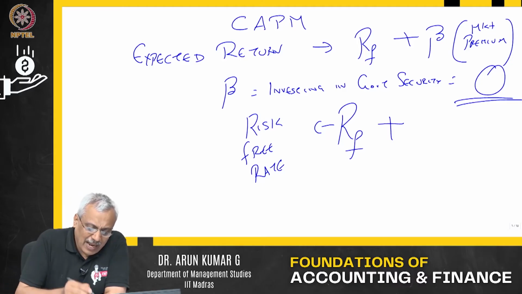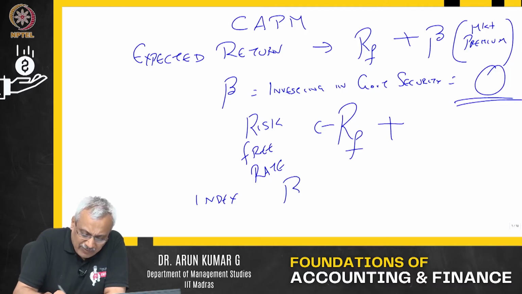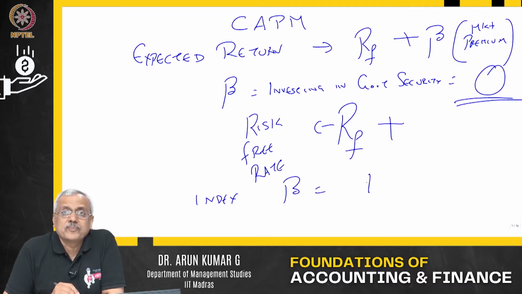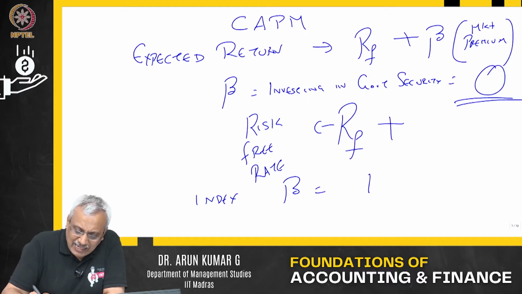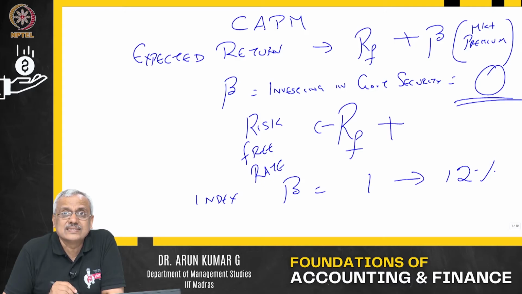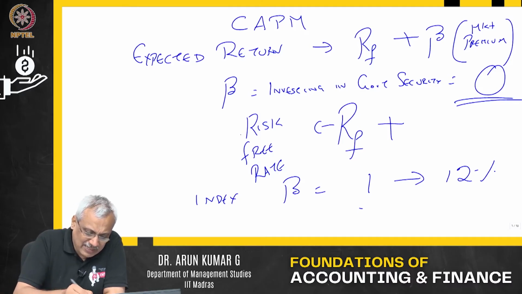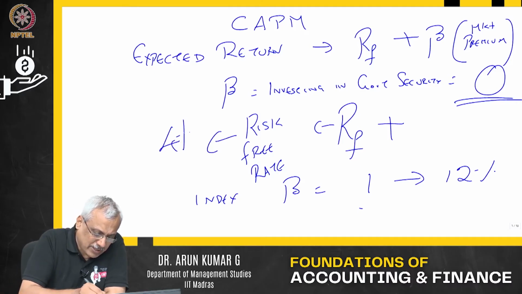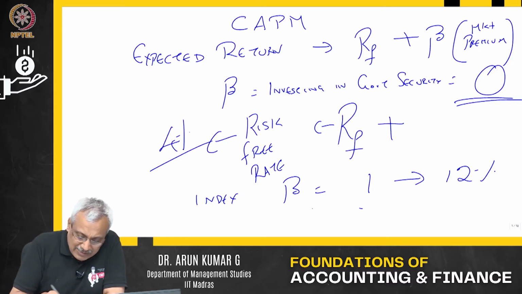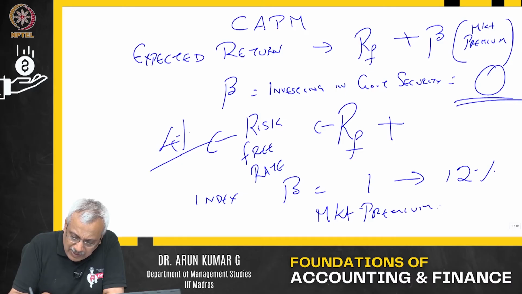Now I say that I am going to invest in an index. The beta of the index is 1, and my index is giving me 12% return. That is what I took in the last class. If the index is giving me 12%, and my RF currently is, let us say, 4%, that means my market premium is 8%, that is 12 minus 4.